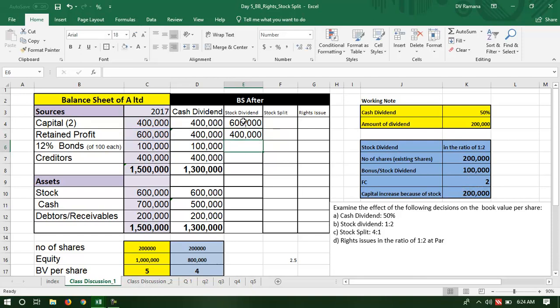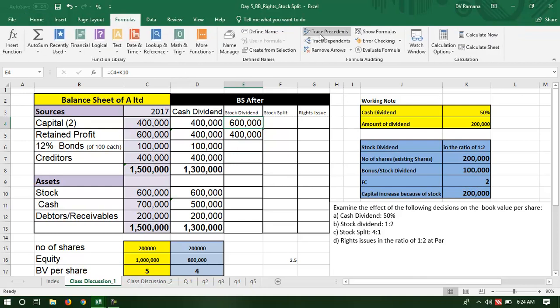So the impact of the stock dividend will be like this. The capital will increase and the retained profit will reduce. Capital will increase because the dividend is given in the form of shares. And retained profit will decrease because we are distributing retained profit. No change in the bonds, okay?